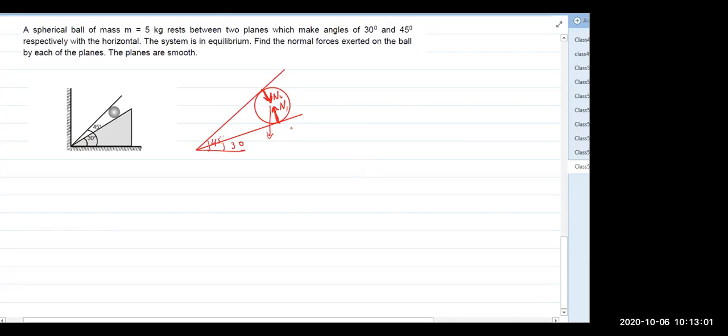There is an mg here. So if you make a free body diagram, it will be like this: mg downward. This normal N1 will be 30 degree with vertical.